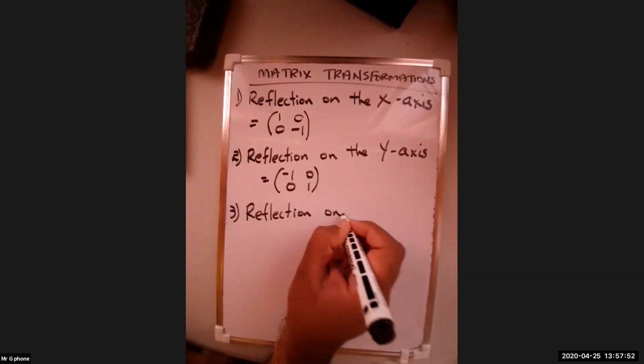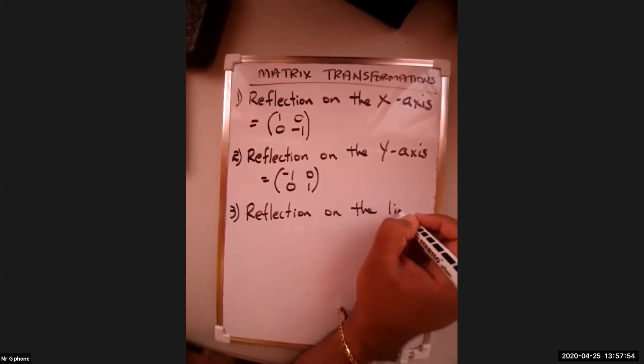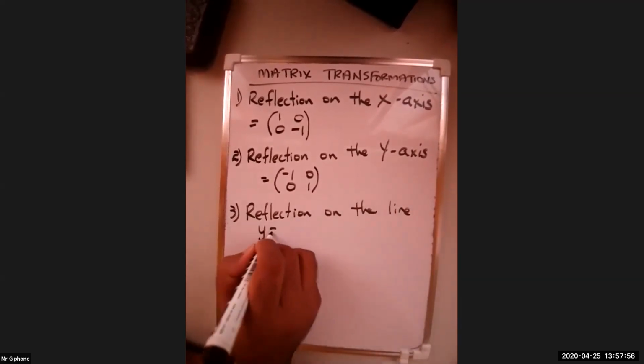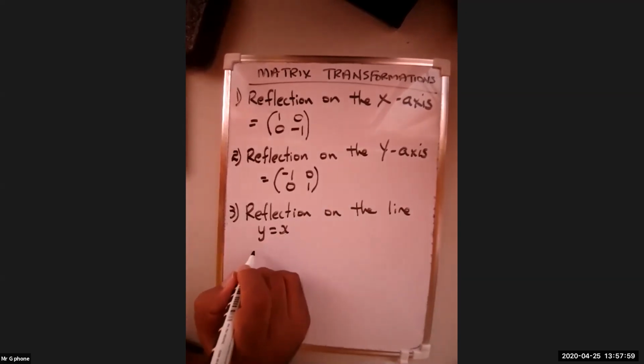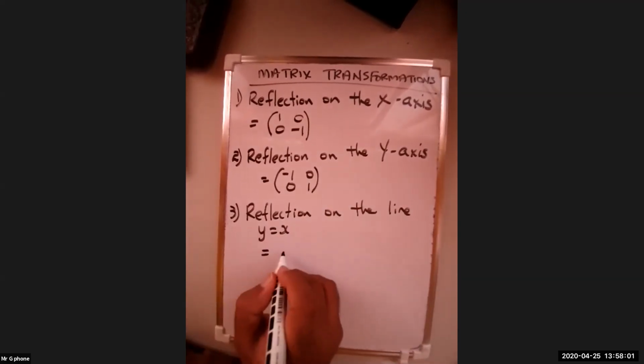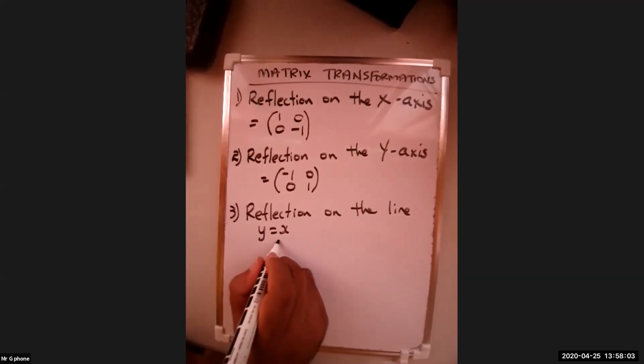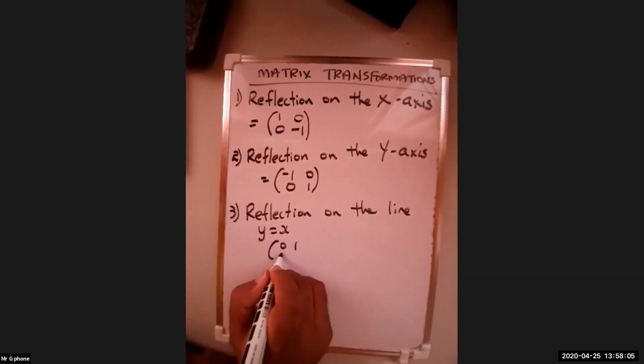Reflection on the line y = x is 0, 1, 1, 0.